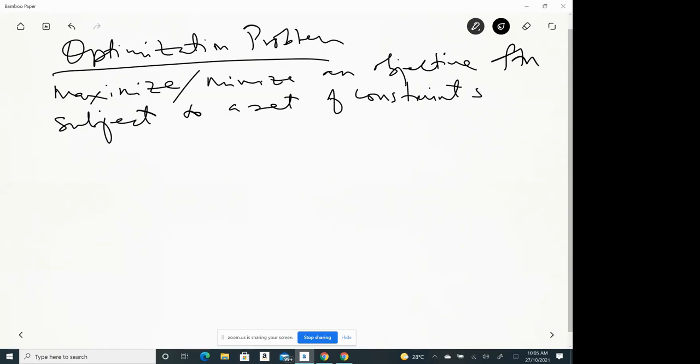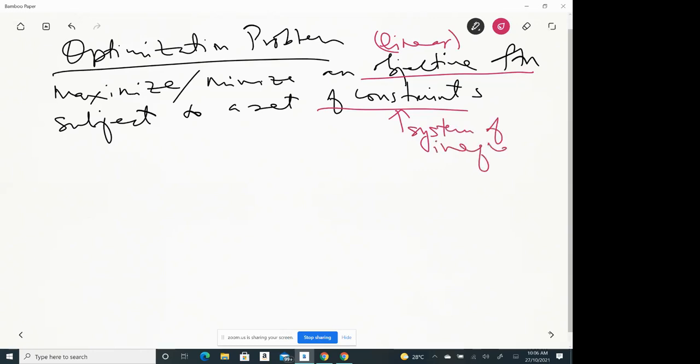Now, we have here two things. One is the objective function. The objective is a linear function. Now the constraints, here, these are inequalities. So here I have a system of inequalities.